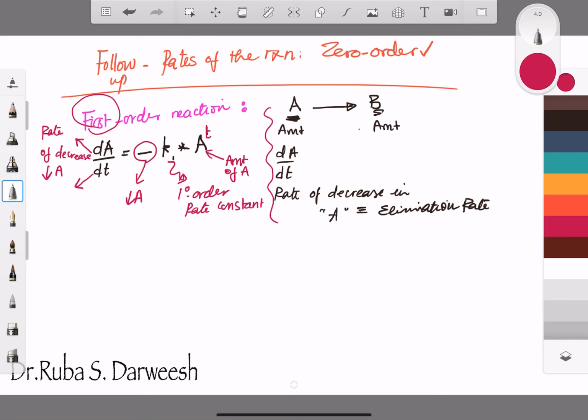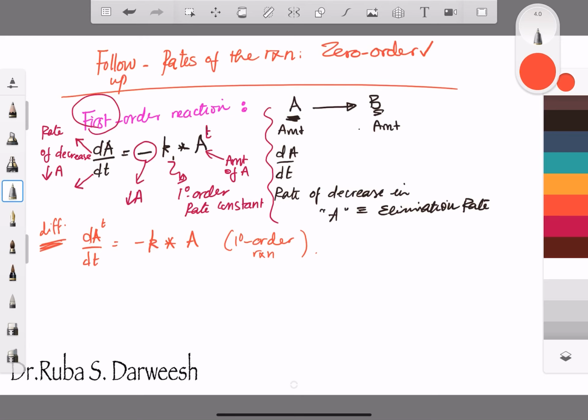So, rewriting it, the change in the amount of A over time equals minus K multiplied by A, the amount. So again, it's a differential equation that defines or represents first order kinetics, or a first order reaction.